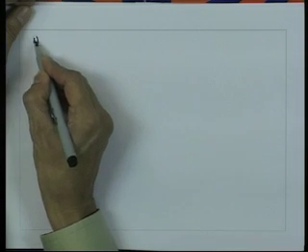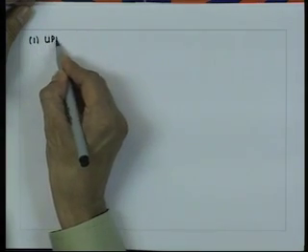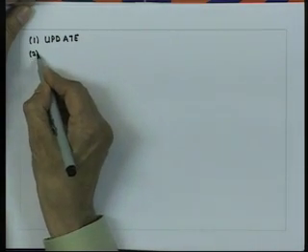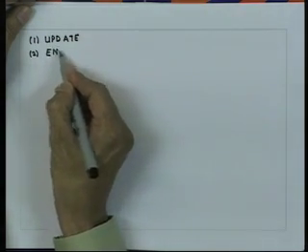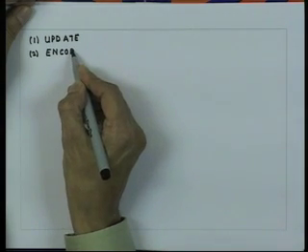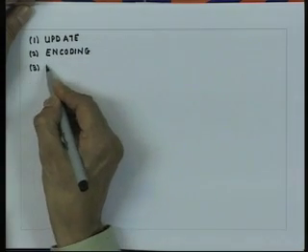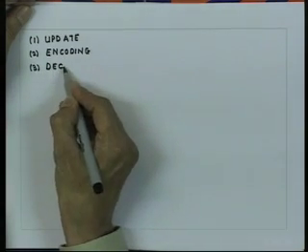Adaptive Huffman code works based on 3 procedures. These 3 procedures are the update procedure, the encoding procedure, and the decoding procedure.